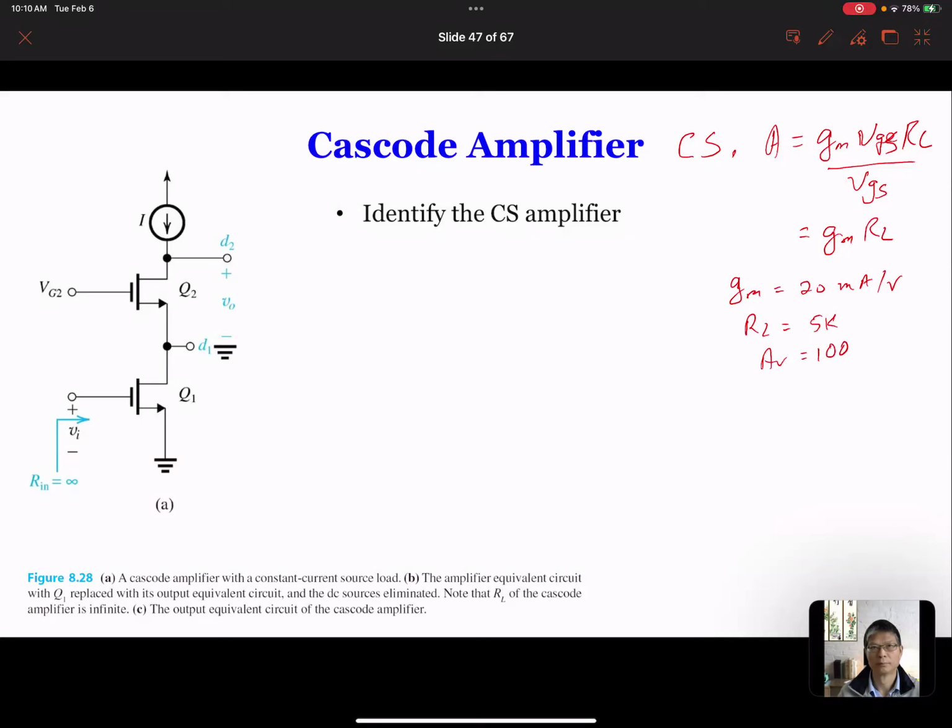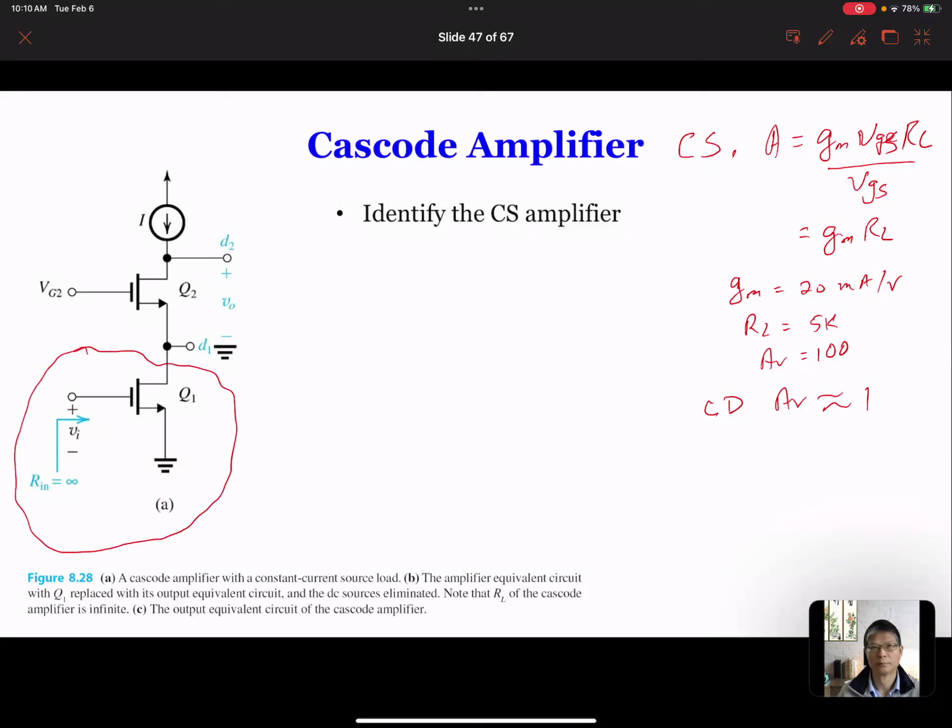And for common drain amplifier, we know that AV is approximately 1. And when the load resistance changes, things start to change. So how do you increase the gain of a circuit? Here we have a quite interesting example, and we have an amplifier at the bottom. You see the amplifier at the bottom?